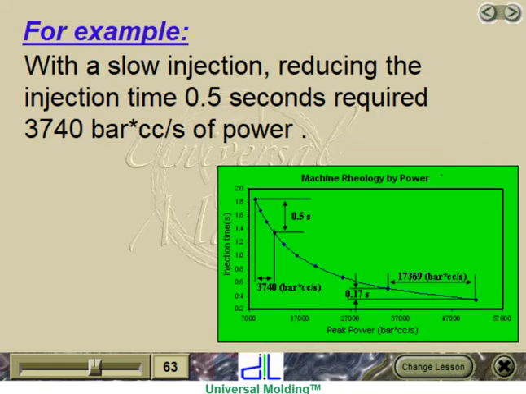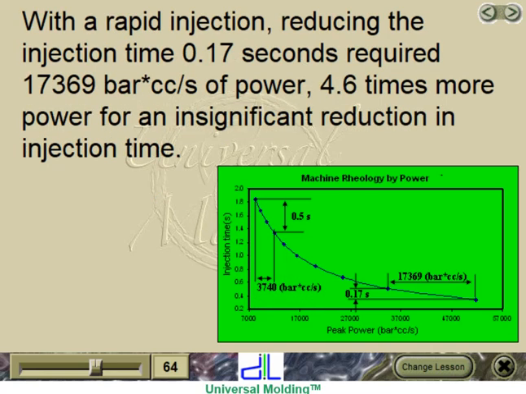For example, with a slow injection, reducing the injection time 0.5 seconds required 3,740 bars times cubic centimeters per second of power. With a rapid injection, reducing the injection time 0.17 seconds required 17,369 bars times cubic centimeters per second of power, 4.6 times more power for an insignificant reduction in injection time.